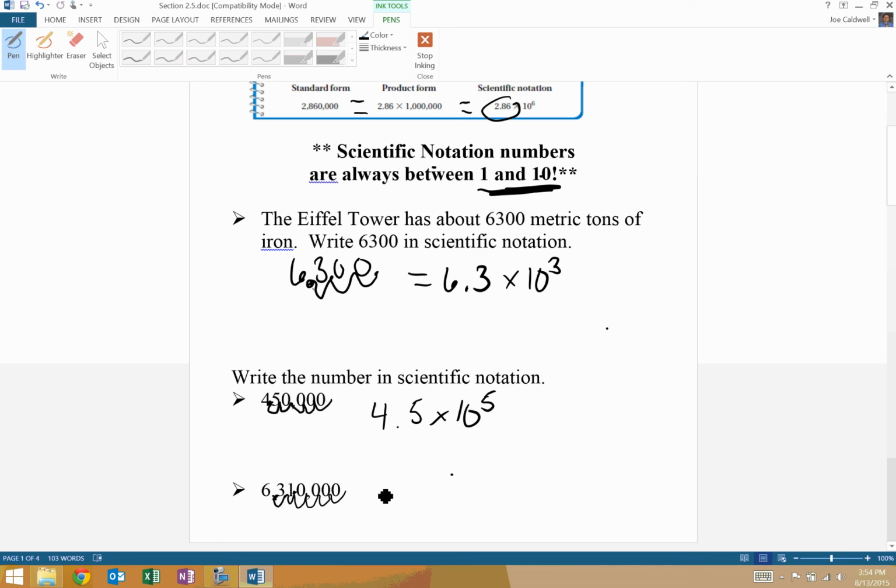Now, the numbers you include are all the non-ending-zero numbers. So we write 6.31 times 10 to the, and let's count the swoops, 1, 2, 3, 4, 5, to the 5th. Include all non-zero numbers in your scientific notation form.